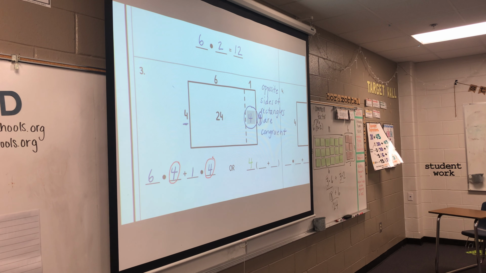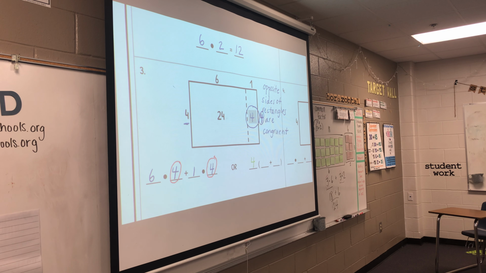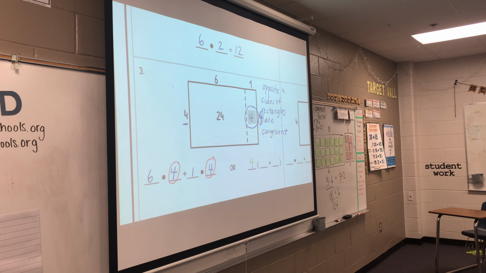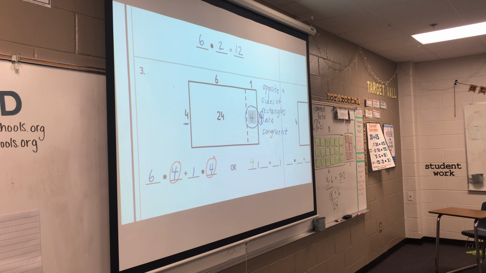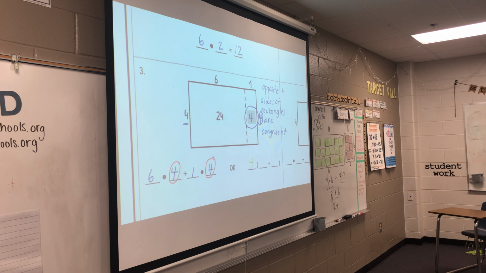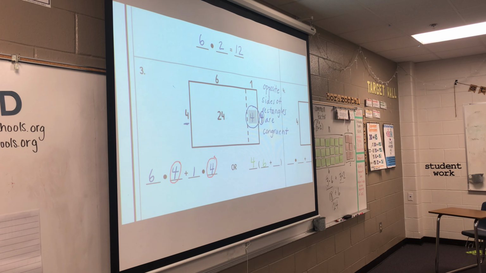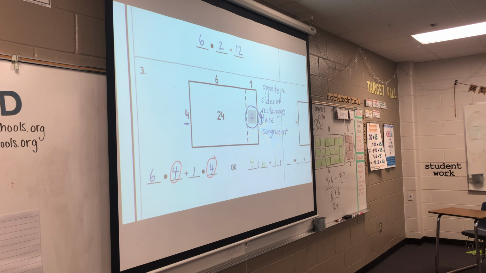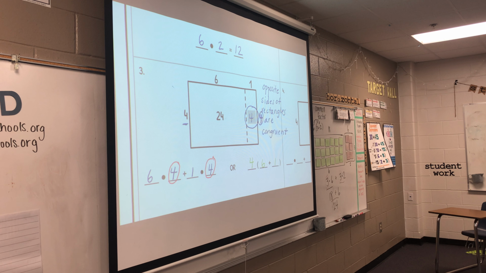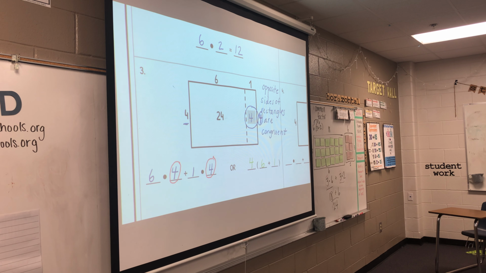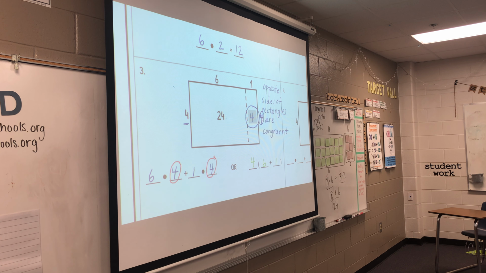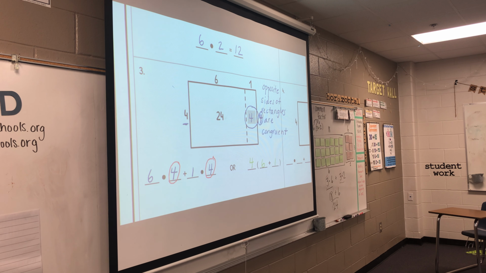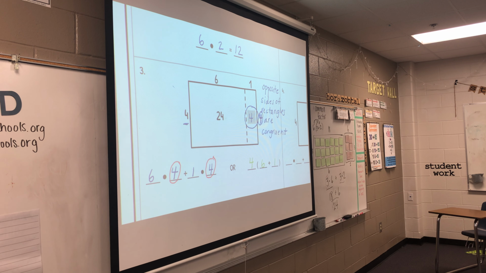Now what do we put inside of the parentheses? Hudson? 6 plus 1. Okay. Why? Because if you have the 4 on the outside and you do... never mind, I don't know.